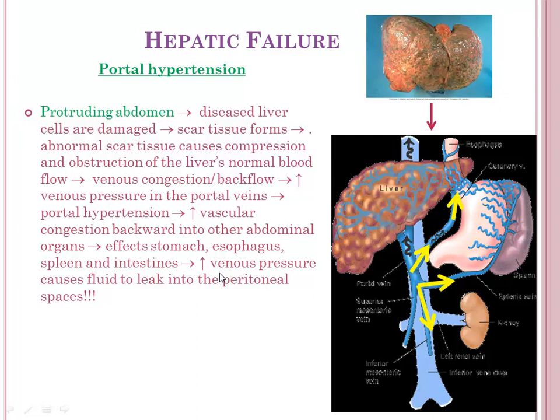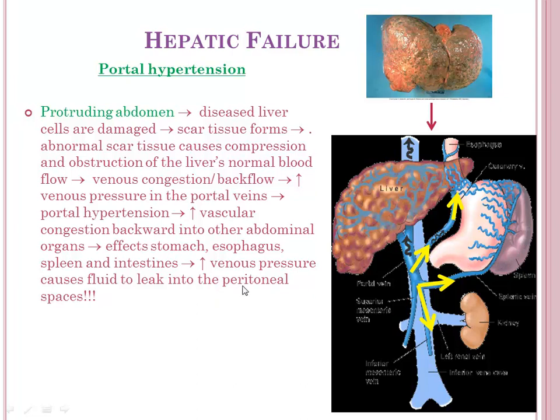This increased venous pressure also increases the hydrostatic pressure, which all that means is that your veins begin to leak, and they leak fluid into the peritoneal space. So if it wasn't bad enough that you have low blood proteins causing fluid to leak into the peritoneal space, now you have an increase in the venous pressure, and that causes fluid to leak into the peritoneal space.